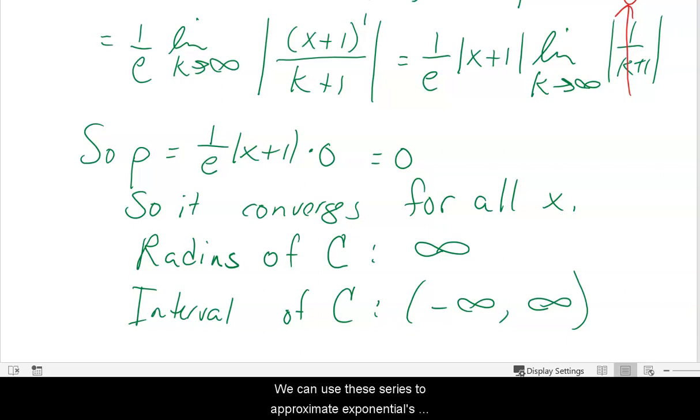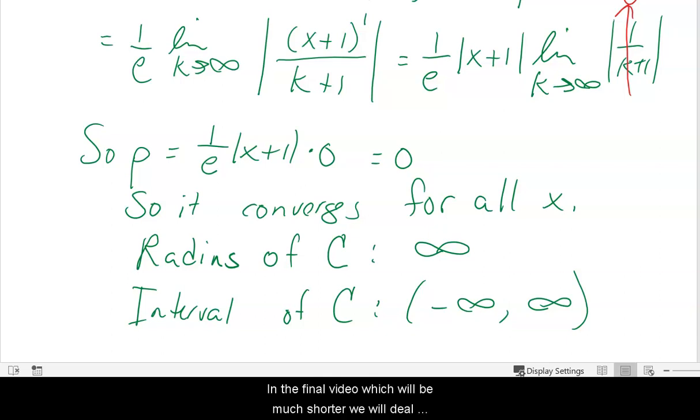We can use these series to approximate exponentials and sines anywhere we want, and we will get the precise answer. Or if we use a Taylor or Maclaurin polynomial, we can get the answer to any degree of accuracy we desire. This is the end of this particular video on Taylor and Maclaurin series.